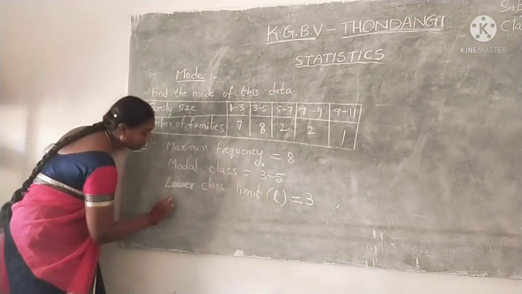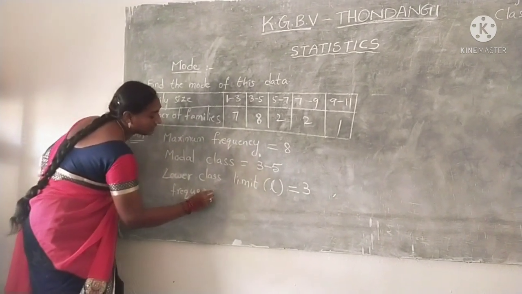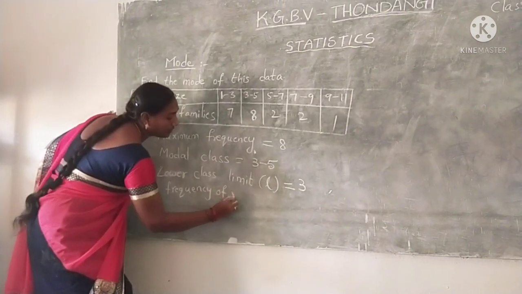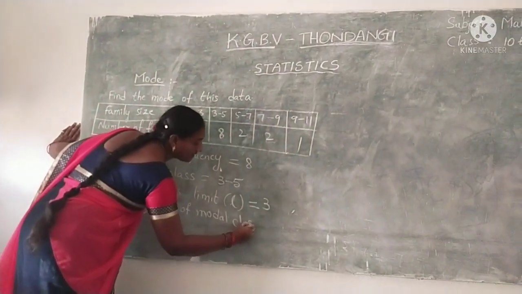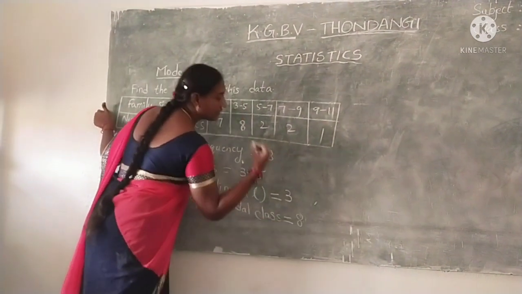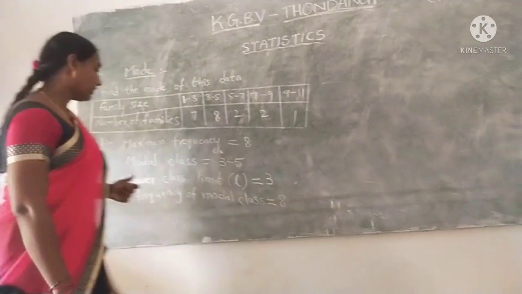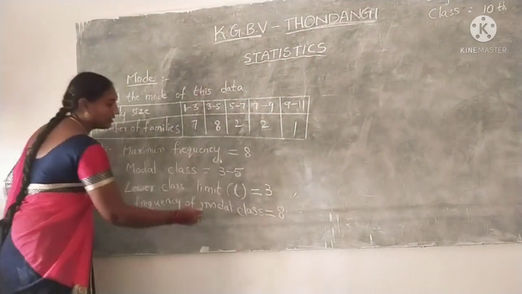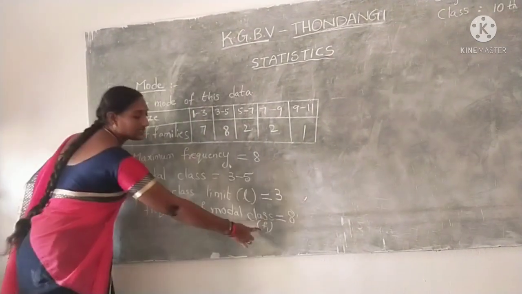Next one, frequency of modal class. Frequency of modal class is 8. So here this is F1, the frequency of the modal class.